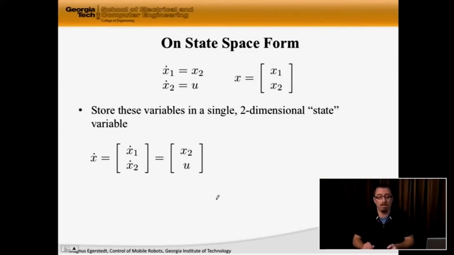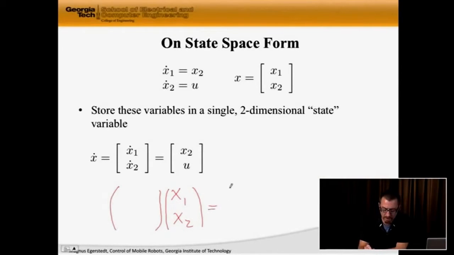Well, it gets even better, because if I have x1, x2 here, and I multiply this by a 2 by 2 matrix, let's say that I would like to get out x2. Well, what do I have to multiply x1 and x2 with? This is 0 times x1, so I'm going to write the 0 here, and 1 times x2 is going to give me that.